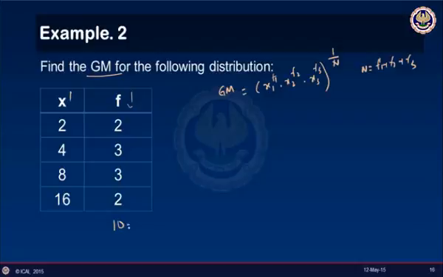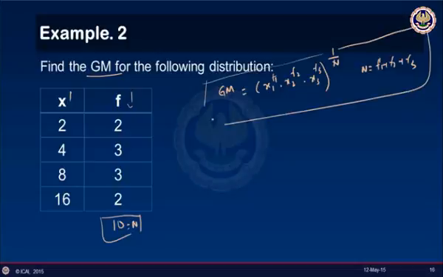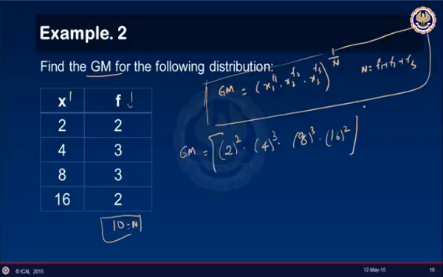This is the n. The geometric mean is simply as follows: 2 to the power of 2, 4 to the power of 3, 8 to the power of 3 and 16 to the power of 2, all whole to the power of 1 by 10, because the sum of all these frequencies is 10.